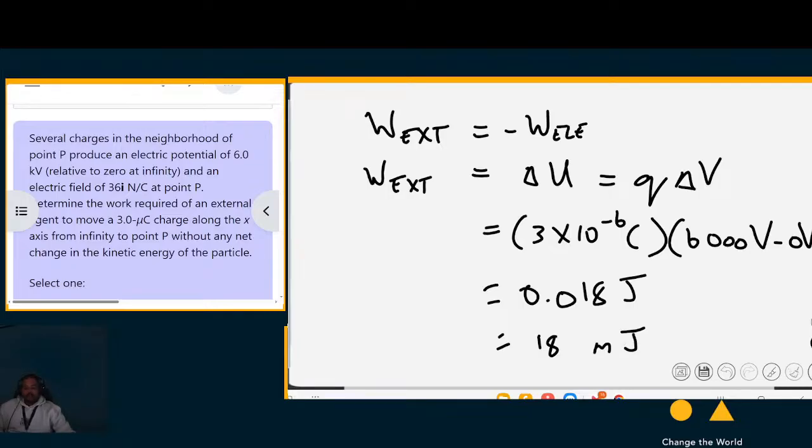So 18 millijoules of work required for an external agent to move a 3 microcoulomb charge along the x-axis from infinity to point P. So this is the amount of work required to bring in this 3 microcoulomb charge.